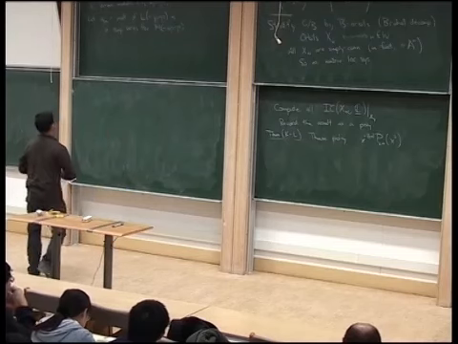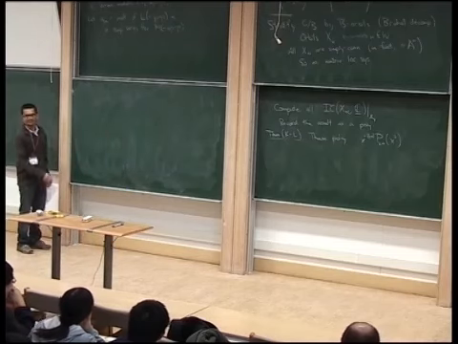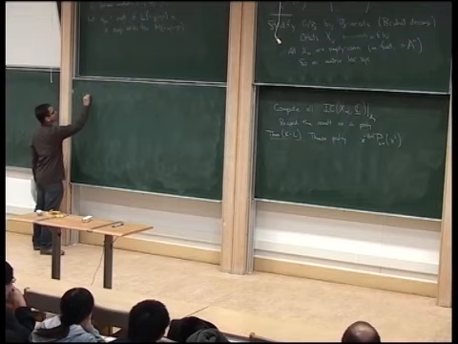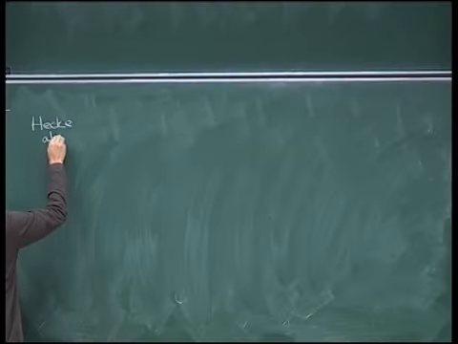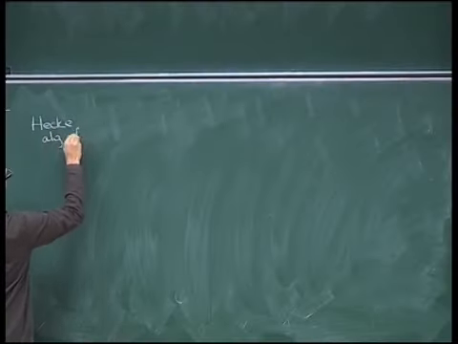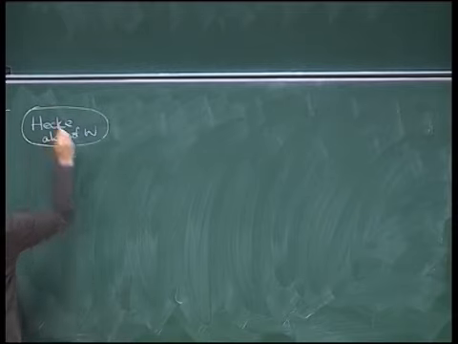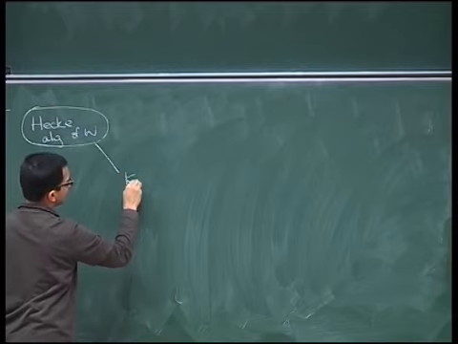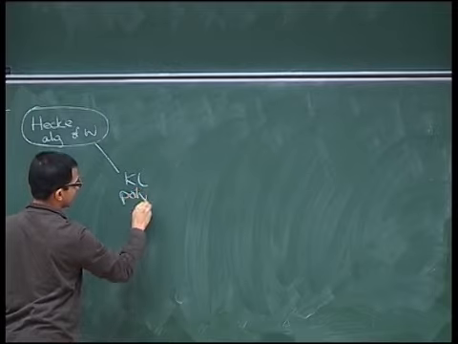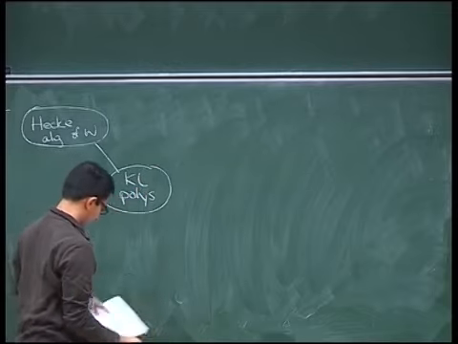Okay, so here's the diagram of ideas. First, we've got the Hecke algebra of the Weyl group, and that gives rise to the Kazhdan-Lusztig polynomials.